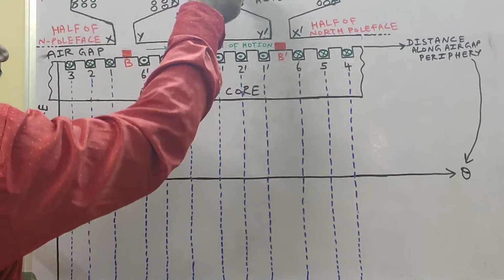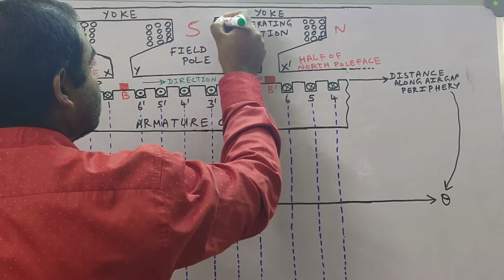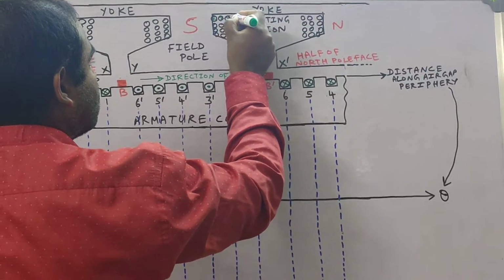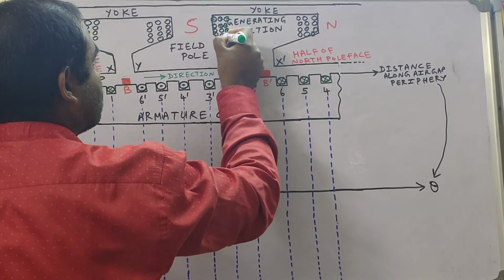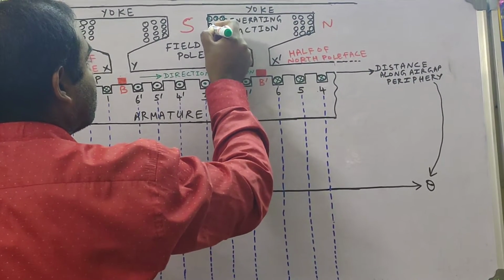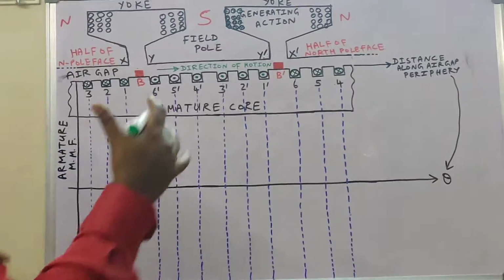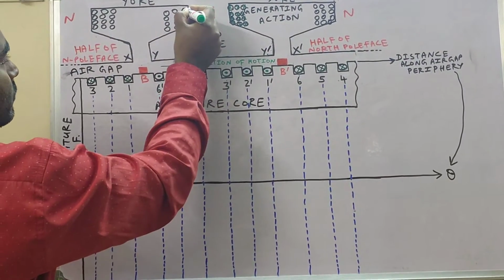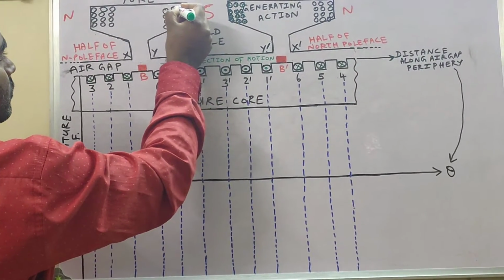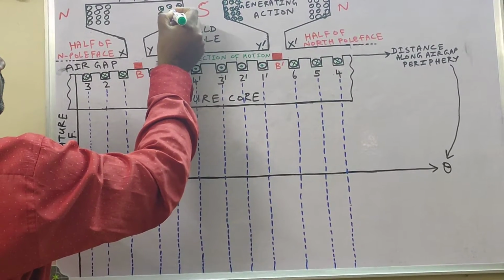That means here the polarity of current should be cross. So let me put cross here. Likewise here, current which is entering should come out from this part, so this will be dot. So this is dot, this is also dot.